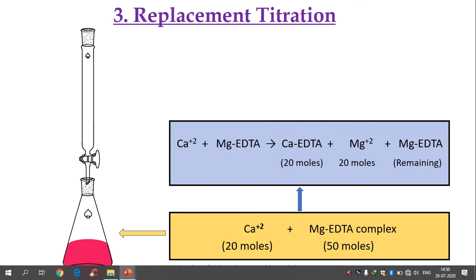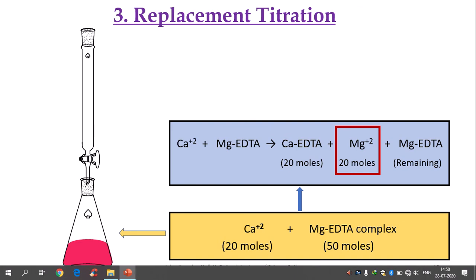So we have added calcium plus magnesium EDTA as the replacement titrating agent. It replaces, giving the formation of calcium EDTA complexes. That much amount only of the magnesium ion will be released, plus the magnesium EDTA which is remaining in the solution. Now out of these, which will react with the standard EDTA solution? These 20 moles of magnesium which are replaced.